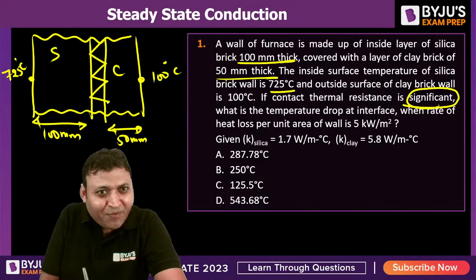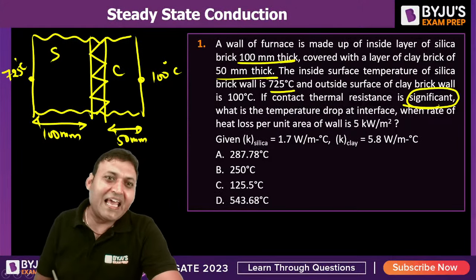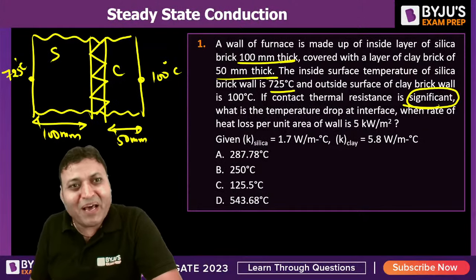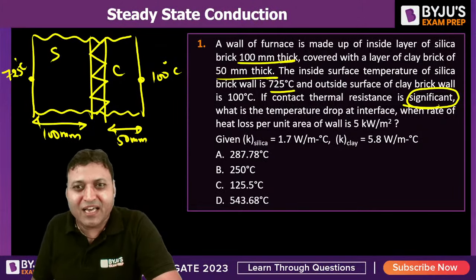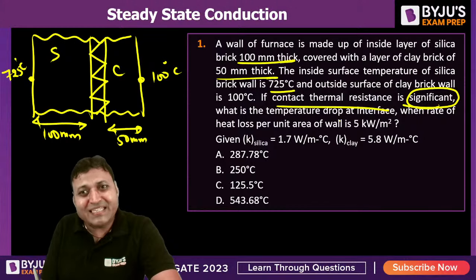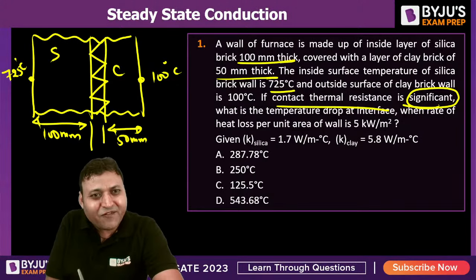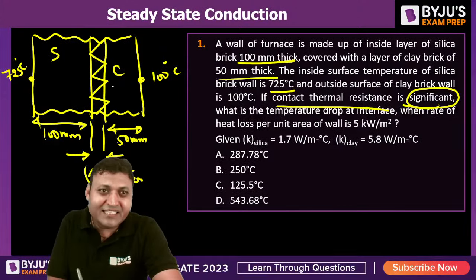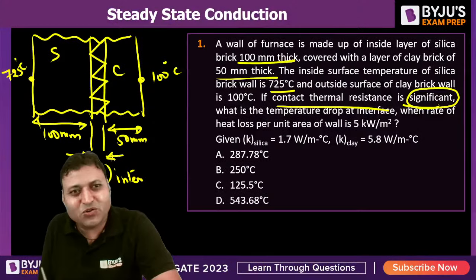So the joining between silica and clay is not perfectly smooth, and that is why the contact thermal resistance is developed. What is the temperature drop at this interface? The question is to find delta T for this interface. There is a temperature drop at the interface also.